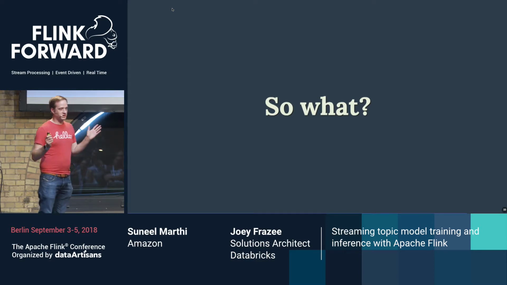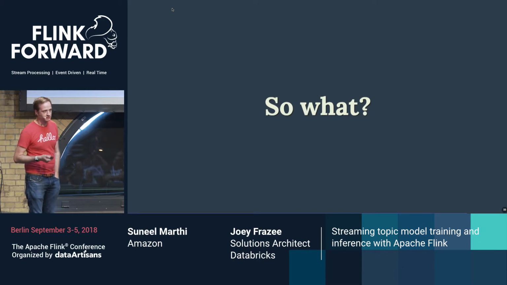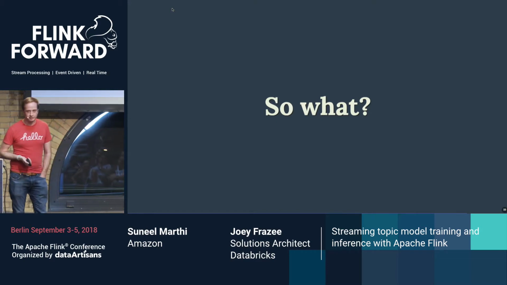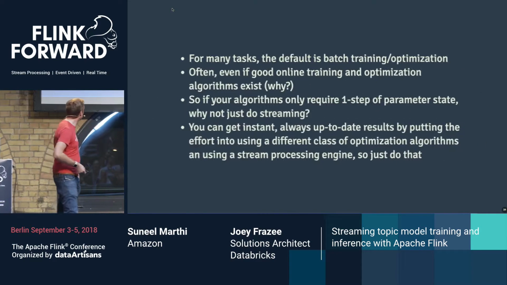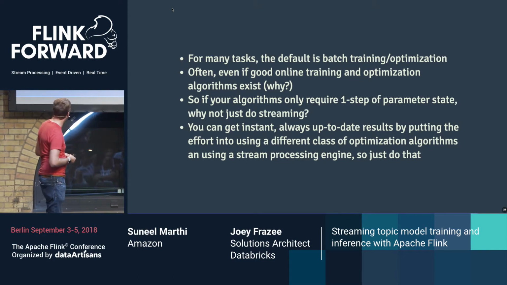Okay, so why do we care? Suneel already mentioned that one reason we care is that corpora actually aren't static. Streaming data is pretty pervasive at this point. What I'd say is that there's a more general thing you should be thinking about here.